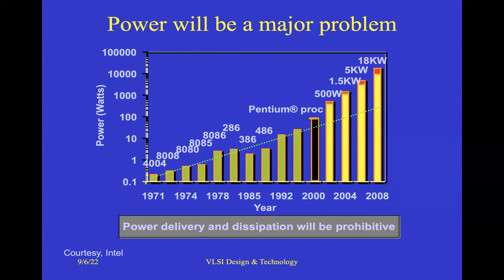So you can see here, in 2008, there were ICs which actually touched about 18 kilowatts. Okay, so power delivery and dissipation will be prohibitive. So this data is from Intel. I picked it up from Intel way back from 91 to 2008.